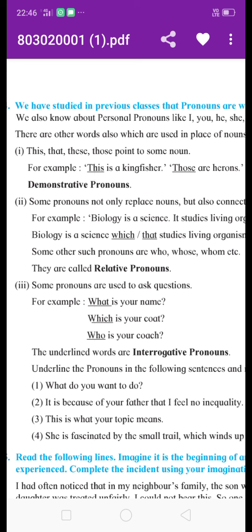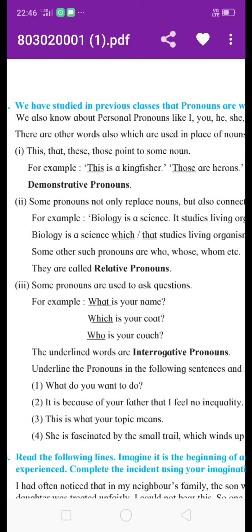Our next and last type is the emphatic pronoun. A reflexive pronoun used for the purpose of emphasis is an emphatic pronoun. It is also the same.